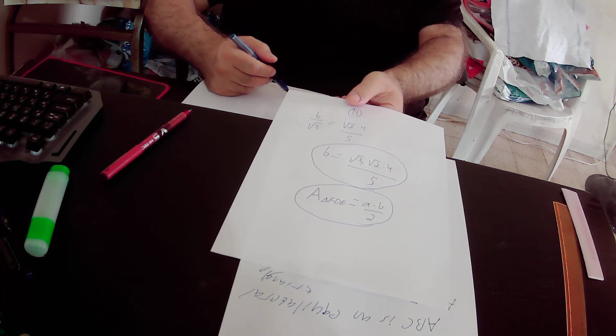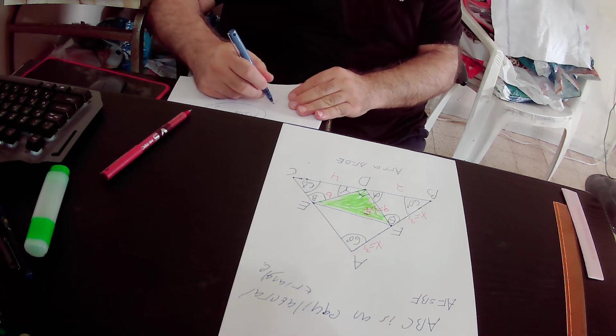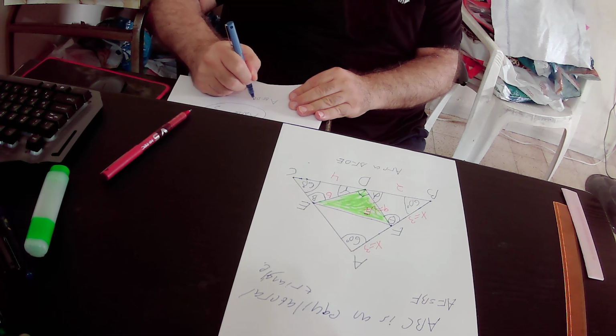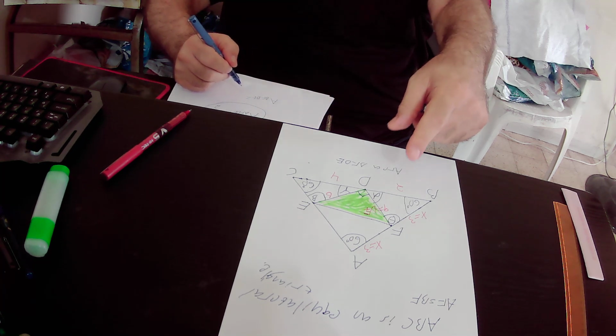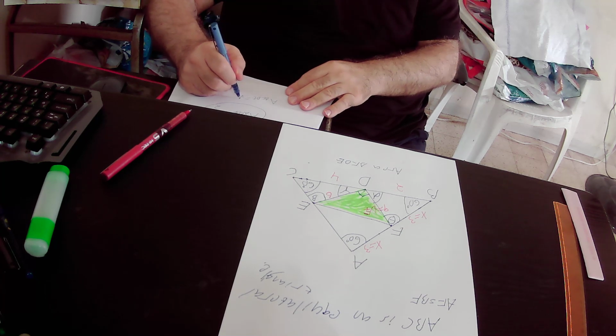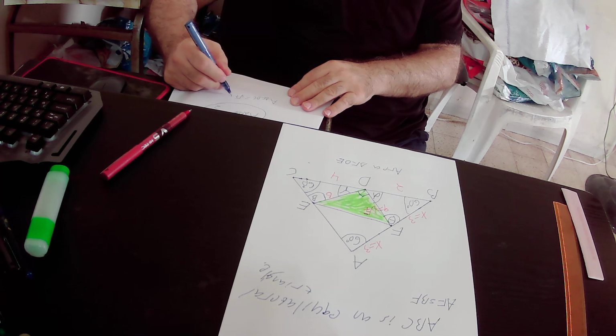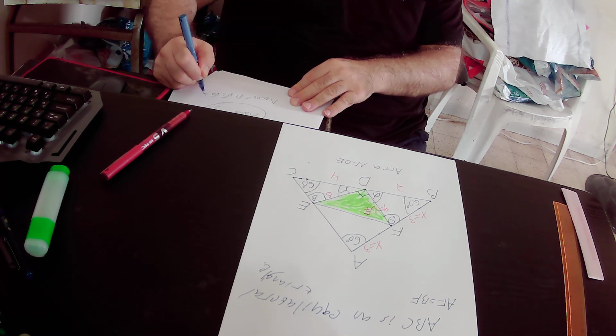So the area of triangle FDE equals a times b over 2. A is root 7. We found out that B equals the root of 3 times root of 2 times 4 over 5, all divided by 2.